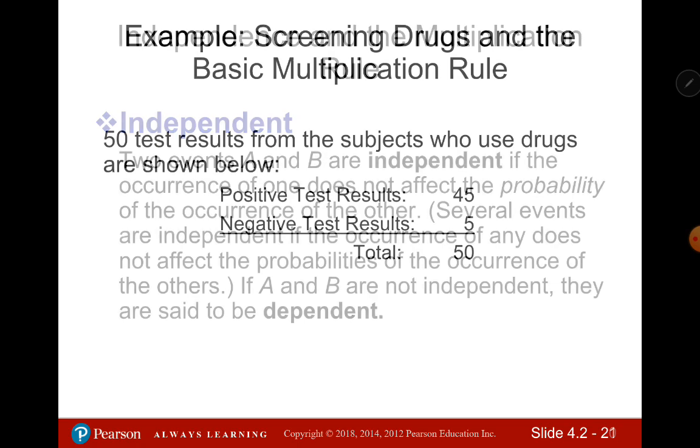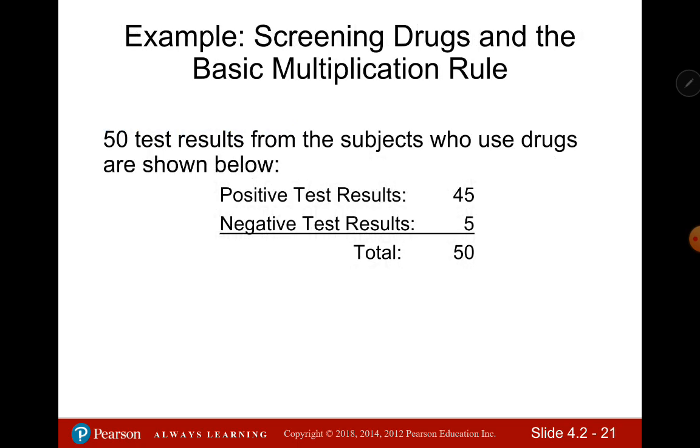Let's check an example. First, we just get some information from our previous table. We know the positive test result is 45 and the negative test result is 5. And we focus on the 50 who use drugs.